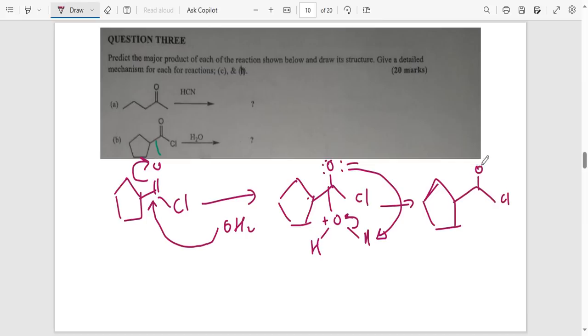So we're going to have OH on top there, and then we also have OH down here. Okay, and then in the next step, one of the double bonds with this oxygen is going to come down. When that happens, the chlorine is going to break off.